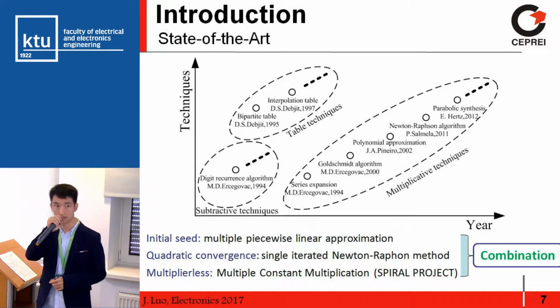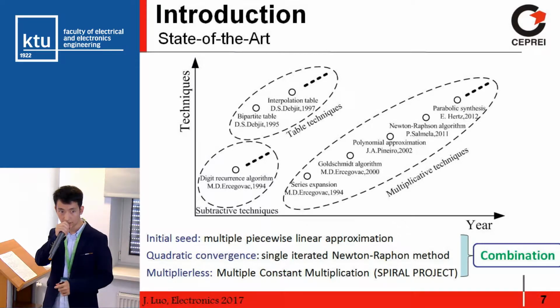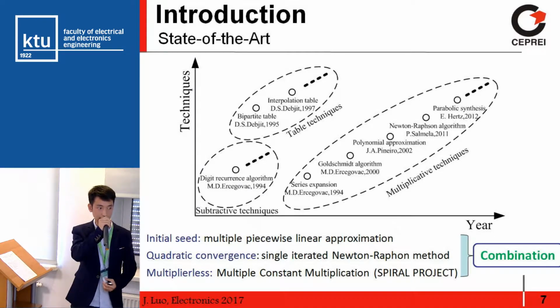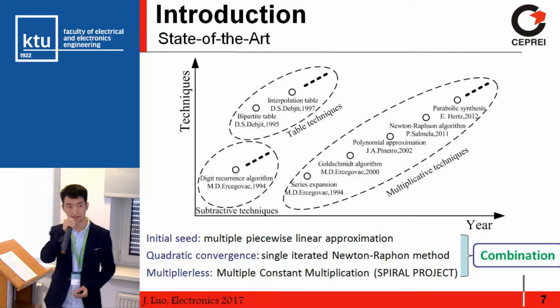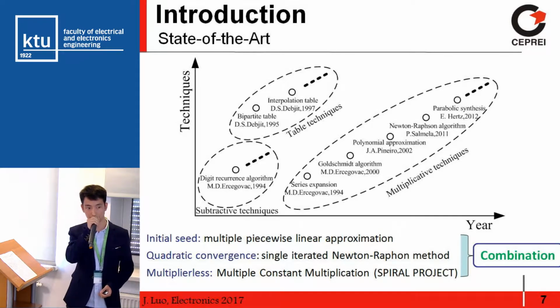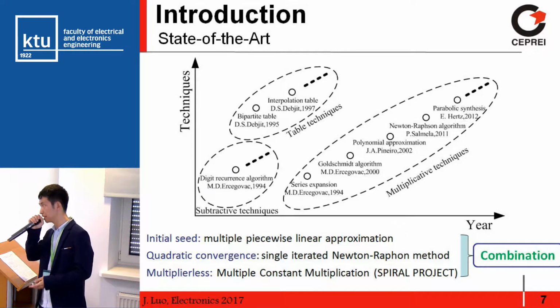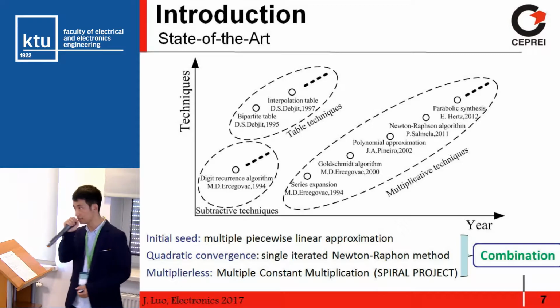This picture shows the roadmap of the references for the three techniques: table, subtractive, and multiplicative. We have made use of some recently developed technologies. For the initial seed, we used multiple piecewise linear approximation, and we used quadratic convergence, the Newton method, and also, in order to reduce the multipliers, we used multiple constant multiplication.